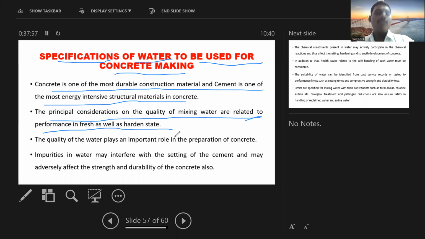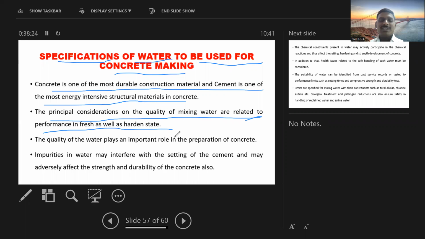जोपर्यंत आपण वॉटर मिक्स करत नाहीये कॉन्क्रीट मध्ये, तोपर्यंत ते काय मिक्सचर होऊ शकते का हो? Even though you have added cement, sand, aggregate in dry condition, but when will that concrete harden? When will it set? Even though you are not using water in that concrete. Are you getting?